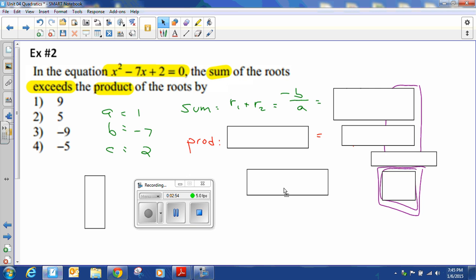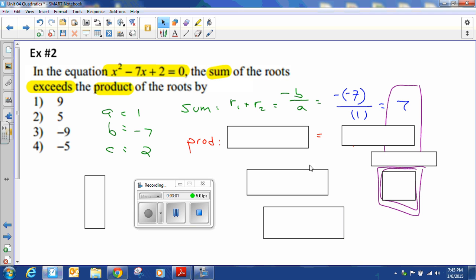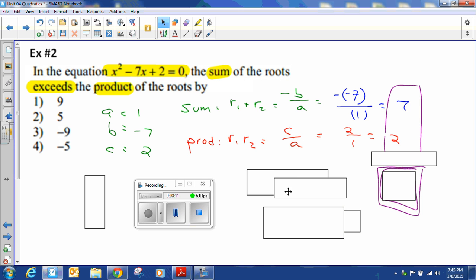The sum, R1 plus R2, equals negative b over a. So we'll plug in negative negative 7 over 1, which is positive 7. The product, R1 times R2, equals c over a, 2 over 1, which reduces to 2. We'll subtract 7 minus 2 equals 5.